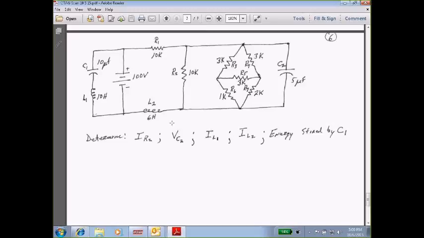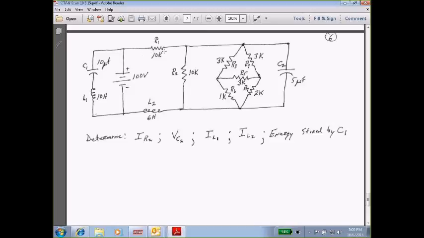Now on this one, I did not specify at what time we're talking about. We're going to work through this with the assumption that 5 time constants have passed. This question can be written so that you specify what time you want it to be. But in what we're going to do here, the caps are fully charged, so they're acting as open circuits. The inductors are acting as a short circuit.